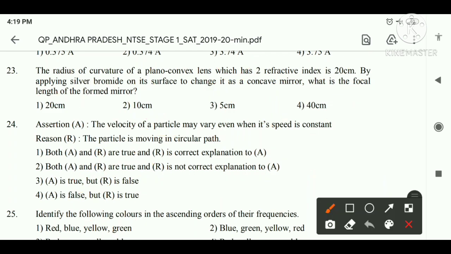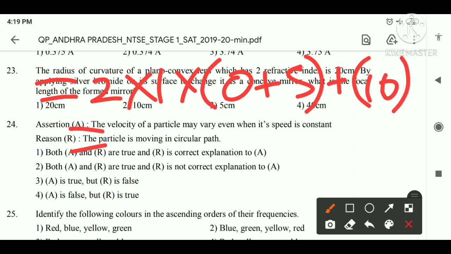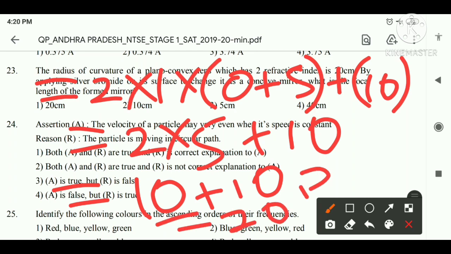Now put the value: equal to 2 into 1 by infinity, which is 0, plus 1 by minus 0.2, which becomes minus, minus 5, and plus minus 1 by minus 0.10, so it becomes 10. Now simplification: 2 into 5 plus 0 plus 10, so 2 fives are 10, plus 10, so it becomes 20 diopter.